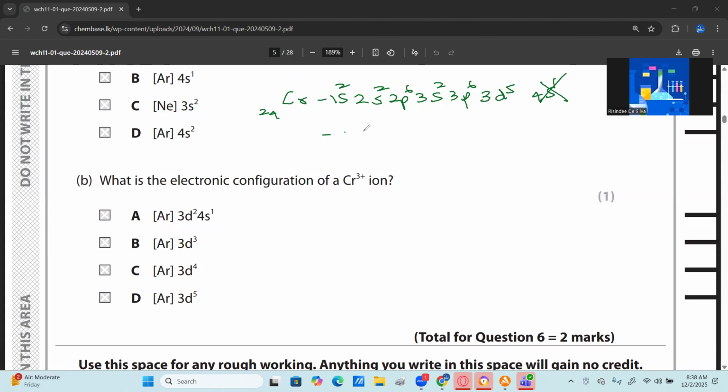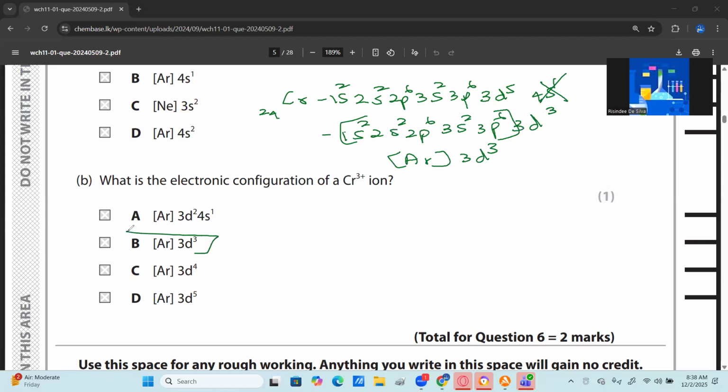So I will get 1s2, 2s2, 2p6, 3s2, 3p6 and 3d3. This is the electronic configuration of argon, so after removing 3 electrons I'm getting argon and 3d3. So the correct answer is B.